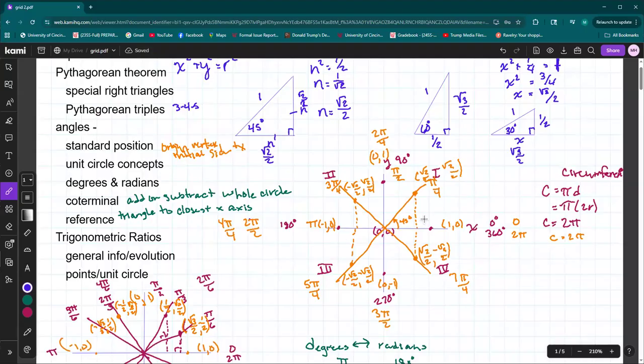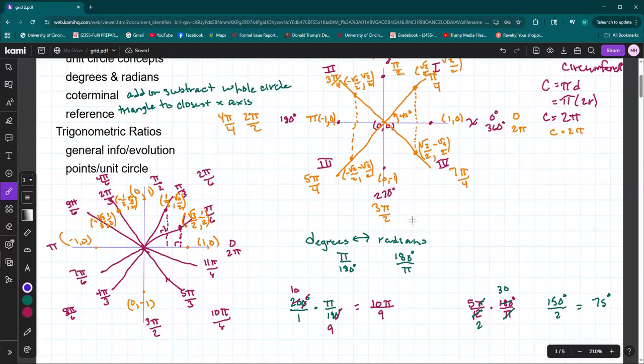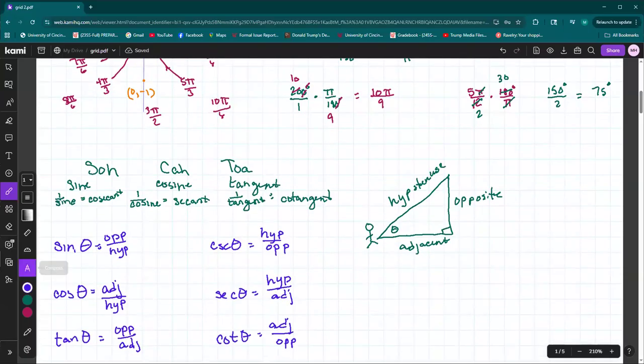The opposite is going to be a y coordinate, y direction. So these functions actually will change. Okay, so the opposite is going to be my y. My hypotenuse is my radius. If my radius is 1, then I'm on the unit circle. And then the cosine is going to be the adjacent, which is the x, over the radius.